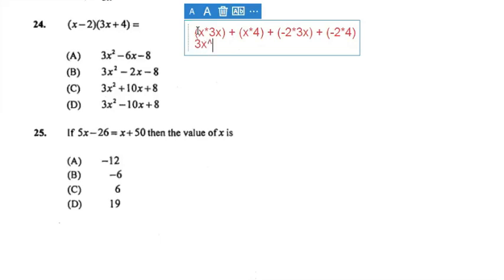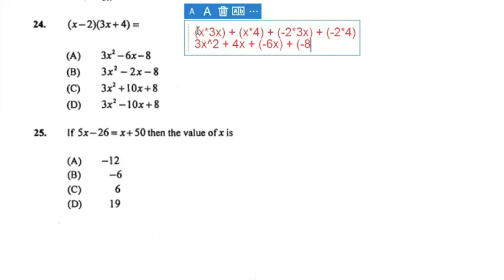So we now have x multiplied by 3x to give us 3x raised to the power of 2, plus x times 4 to give us 4x, plus negative 2 times 3x to give us negative 6x, plus negative 2 times 4 to give us negative 8.